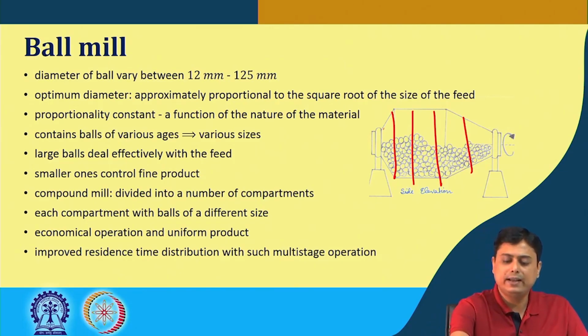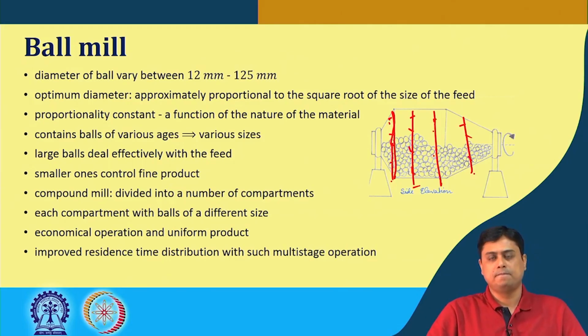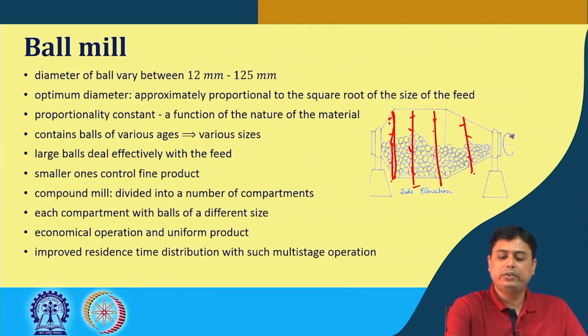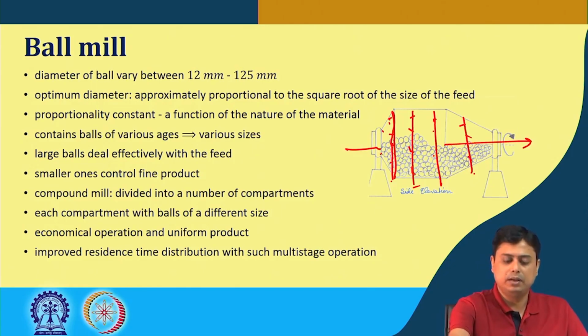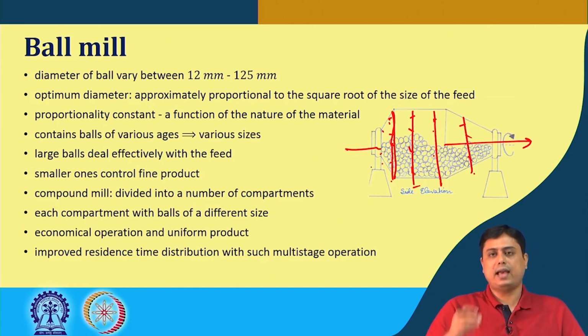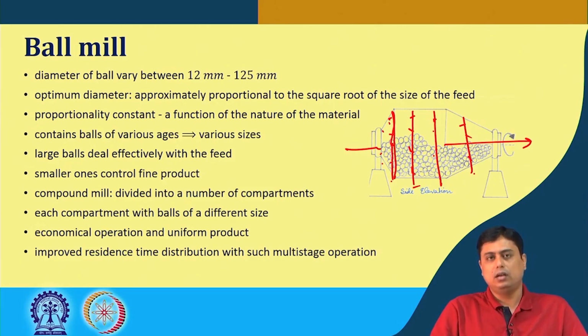Now, these vertical chambers are separated by, say, the wears of different sizes, so screens of different sizes. As it creates the stage-wise chambers, each compartment contains a different size of balls.